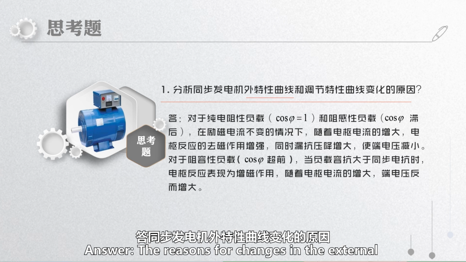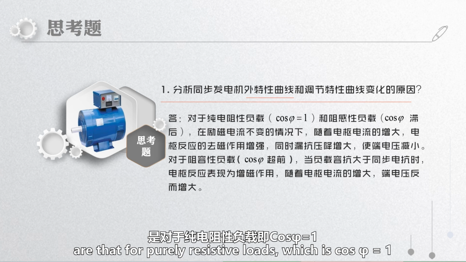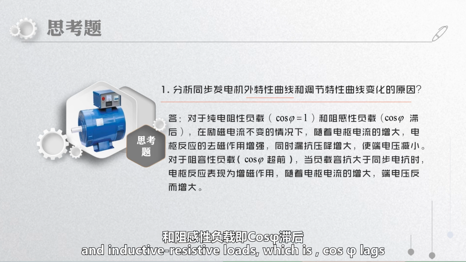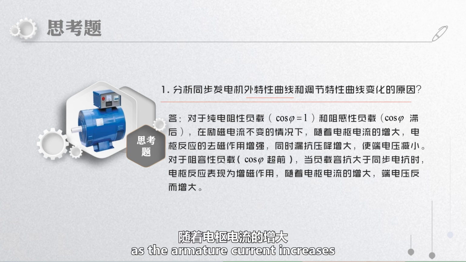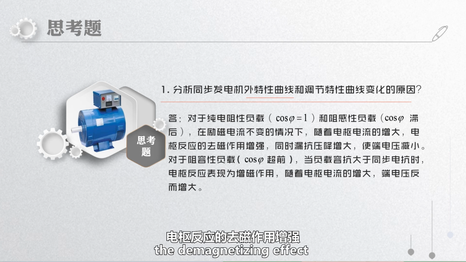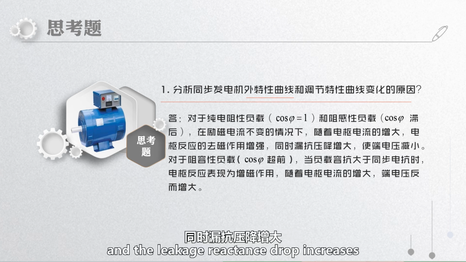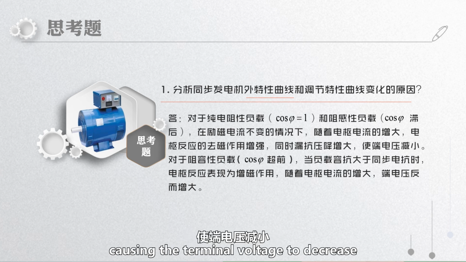Answer: the reasons for changes in the external characteristic curve of the synchronous generator are that for purely resistive loads, which is cosine phi equals 1, and inductive resistive loads, which is cosine phi lags, under constant excitation current, as the armature current increases, the demagnetizing effect of the armature reaction strengthens, and the leakage reactance drop increases, causing the terminal voltage to decrease.